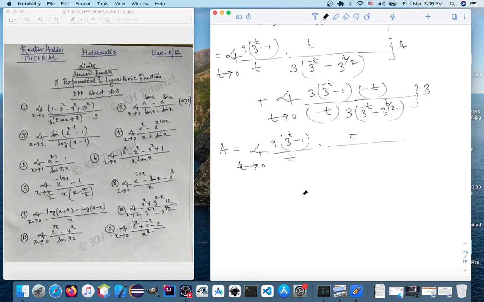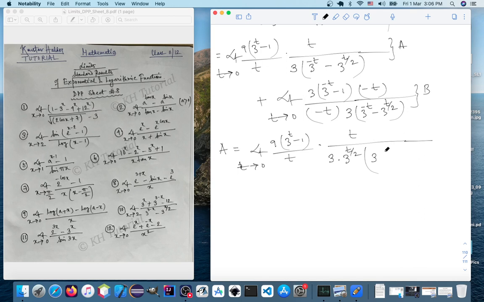What if we take 3 to the power t by 2 common out? I earlier discussed, if we have two terms, a to the power x minus a to the power x, where the base is same but the power x is different but a function of x, we take common. We are taking 3 to the power t by 2 common from here.